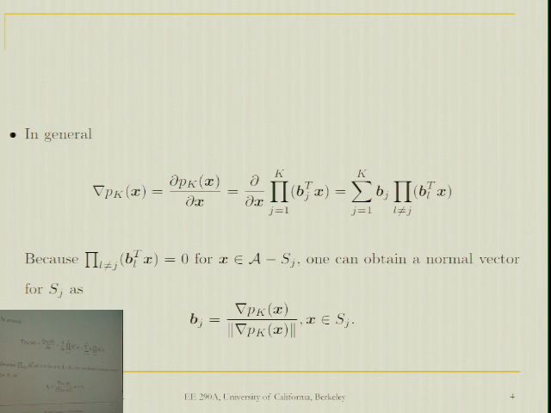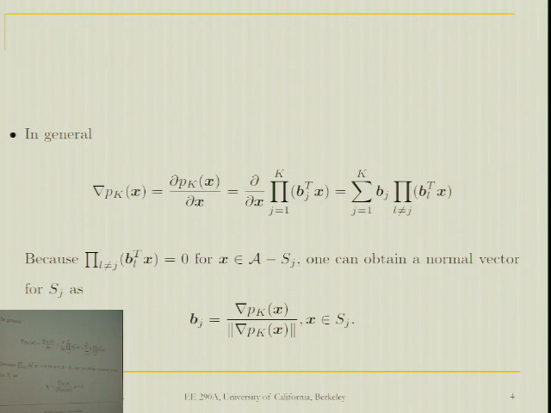Okay? So the last thing you are going to do, if you want to find an orthonormal basis, is to normalize the length of the derivative, and then you get the normal vector for hj. Right? So that's the strategy we talked about last time for hyperplanes.